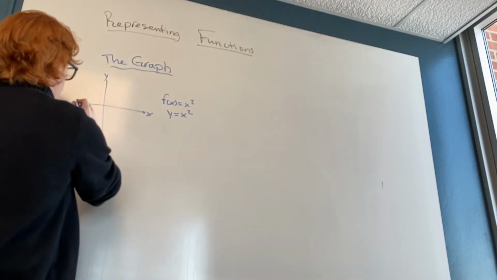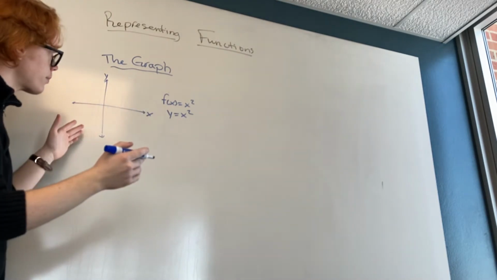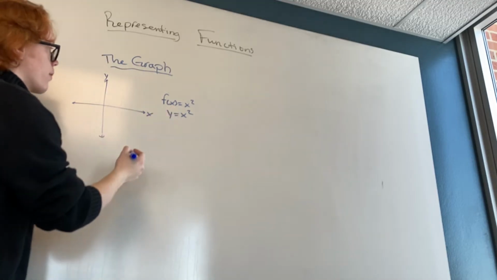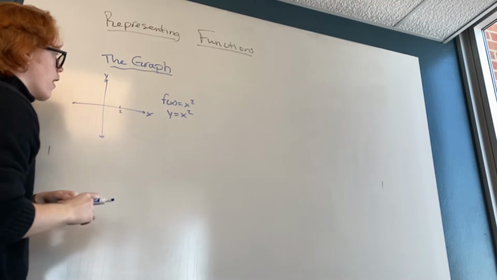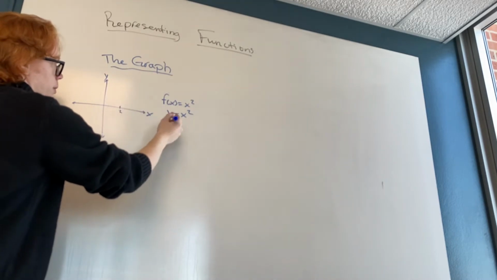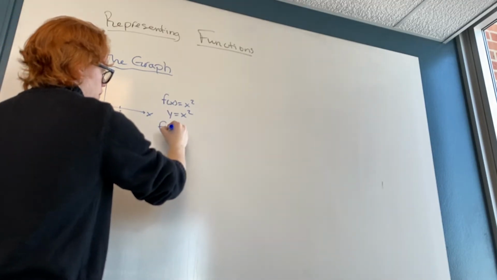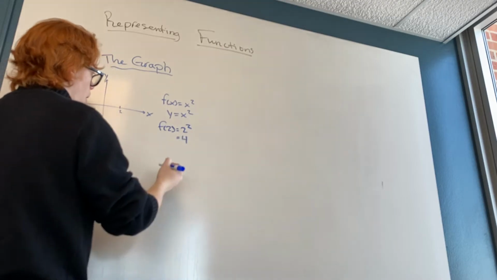Maybe I should put arrows here to convey that. We pick any value of x, so let's say we pick 2, and then we plot it to the y. So let's plug 2 in: f of 2 is equal to 2 squared, which is equal to 4.